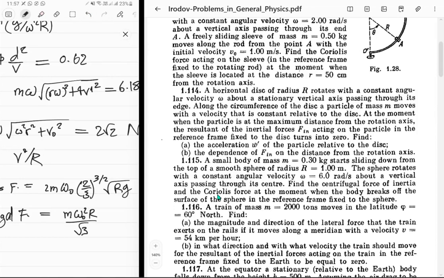Now, should I actually calculate this? R is 1, thank god, and then square root of g. Omega naught is 0.3, so that's mass. Okay, that's 0.3 and omega is given as 6.